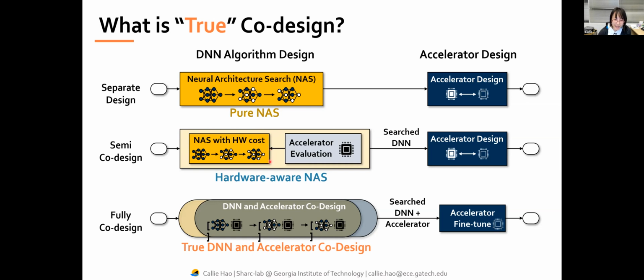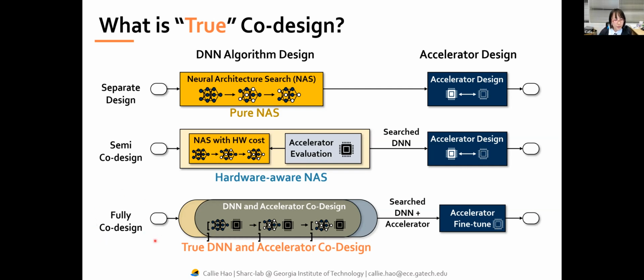Is it good? Is it bad? I have an estimation. Then after this, I will pass my searched deep neural network and apply accelerator design. So this is much better than the separate design because I already have something in mind. I have a rough estimation. But again, as we said, this estimation can be inaccurate. Things still can go wrong.